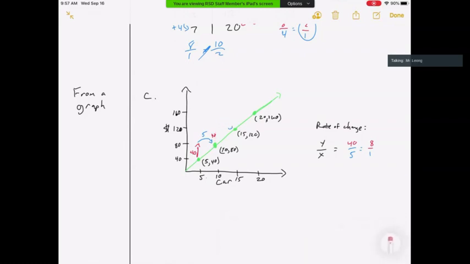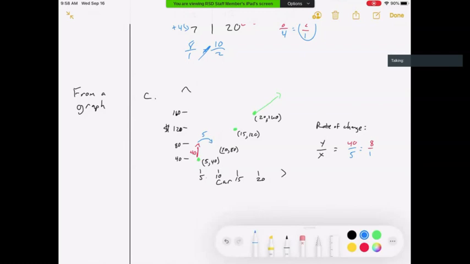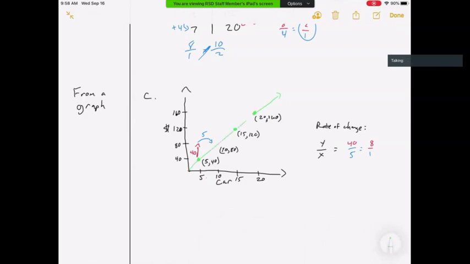So let's say, for example, I wanted to go from this point, oops, sorry, erase my line, to this point right here. Well, let's think. How much do I need to go up?